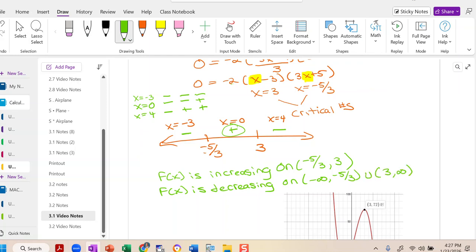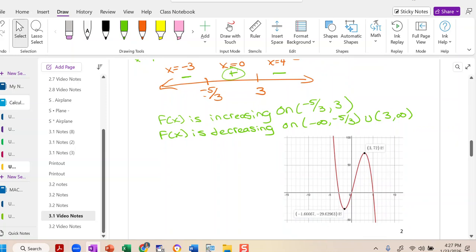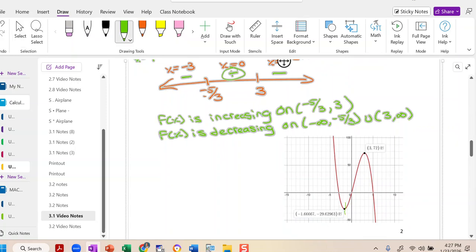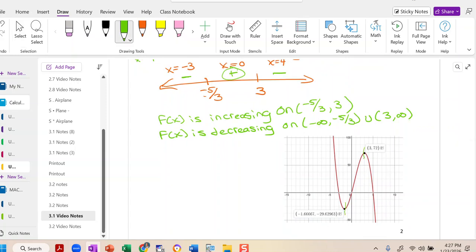If you look at the graph I provided, here's -5/3, here's 3. Notice it increases between them, but it decreases everywhere else.